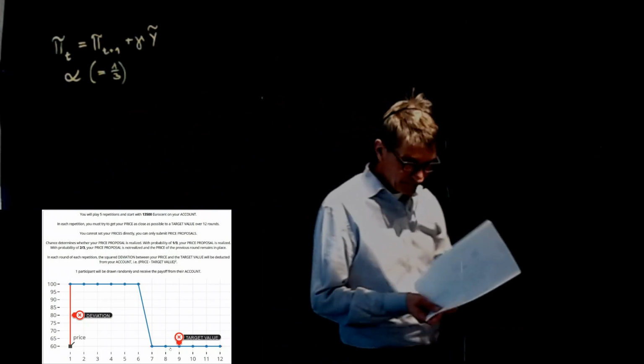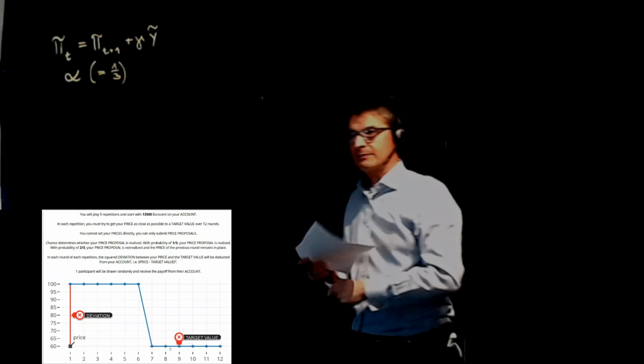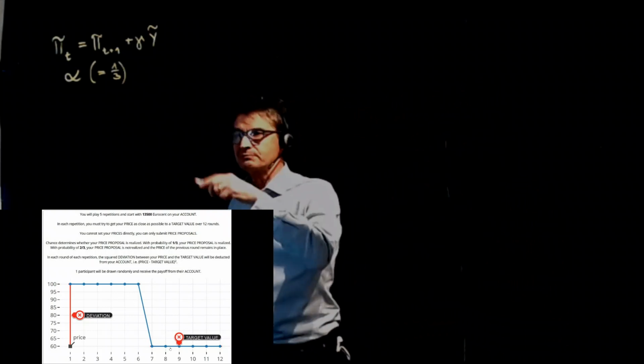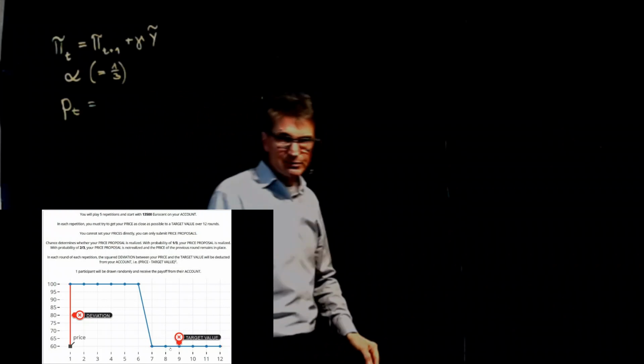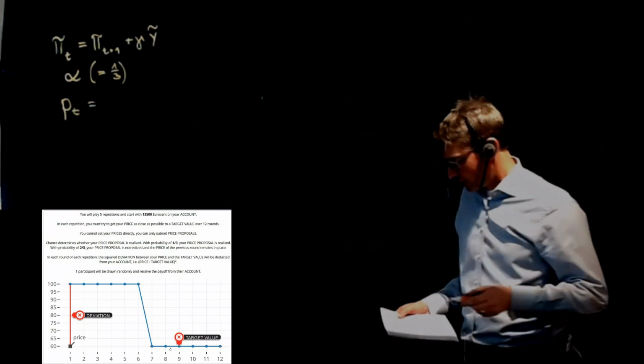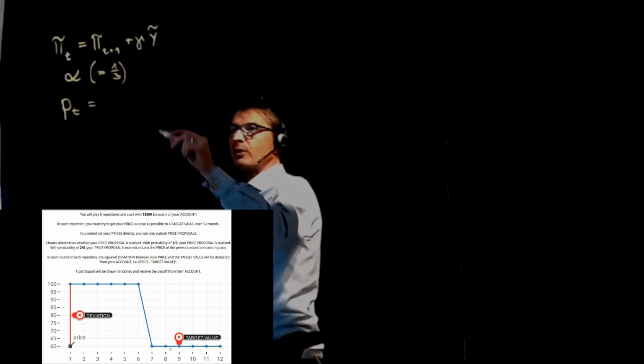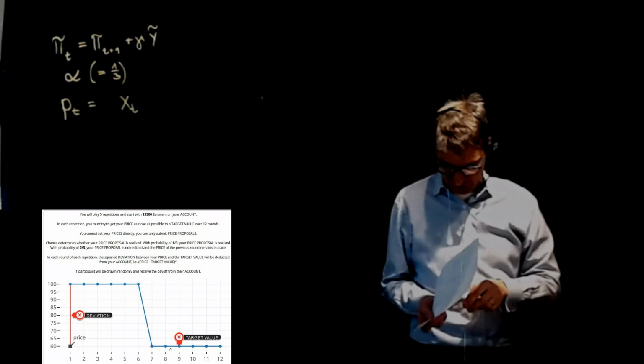And when you have this, you can determine the price in round t. And the price in round t will depend on your proposal, and I call this xt. So you submitted a proposal.